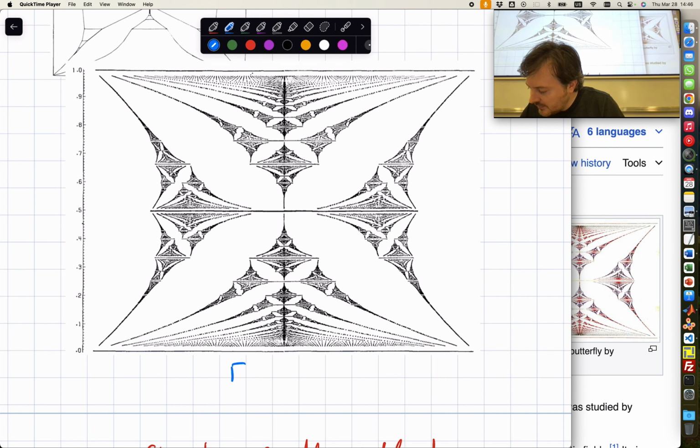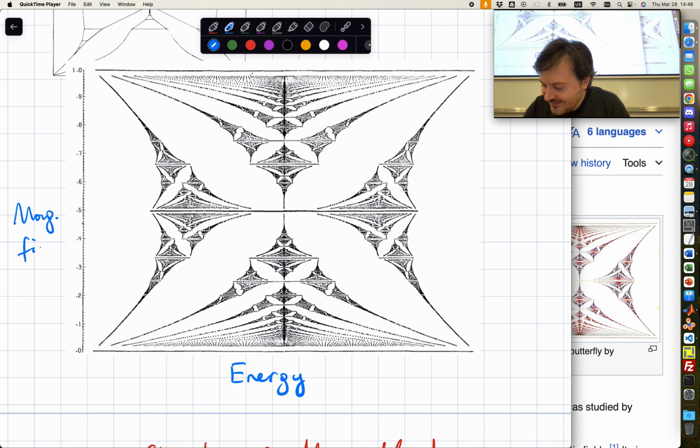This side is energy, and this is magnetic field. Okay? Do you remember those electrons, tight binding stuff in a 1D chain, etc.? Let's put it in a square lattice, okay? And then apply magnetic field and do a bunch of calculations, okay?